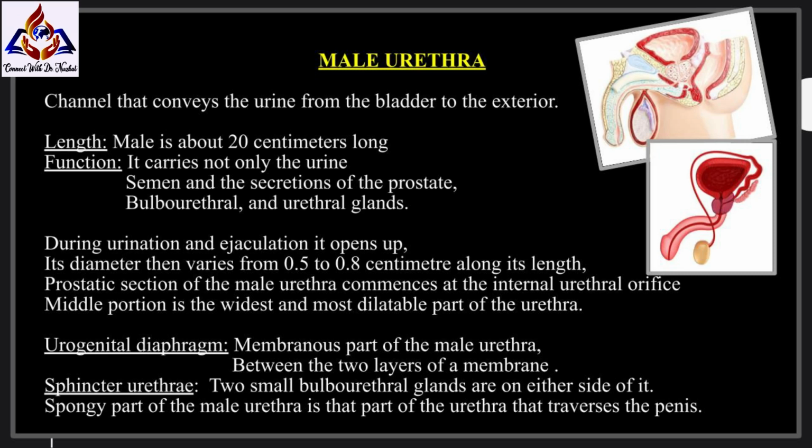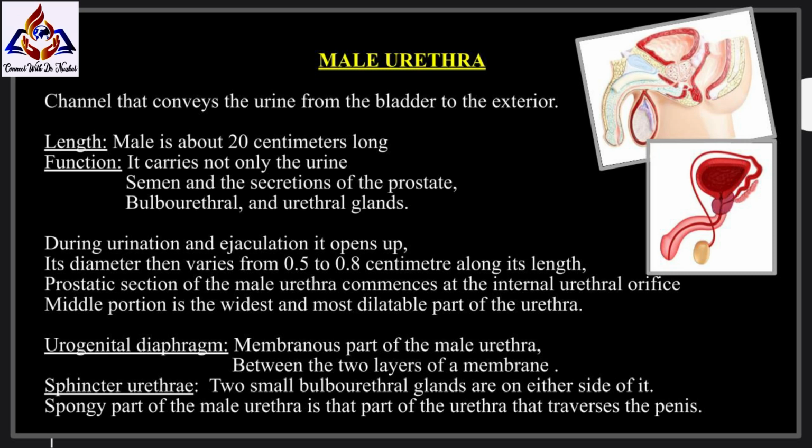The male urethra has three distinguishable parts: the prostatic, the membranous, and the spongy, each part being named from the structures through which it passes rather than from any inherent characteristics.